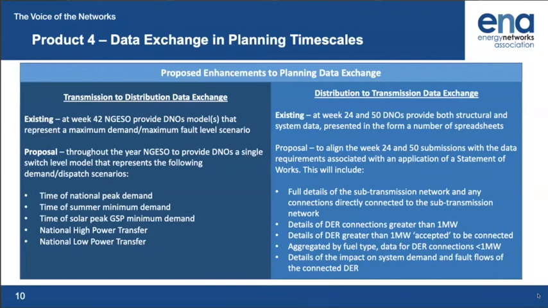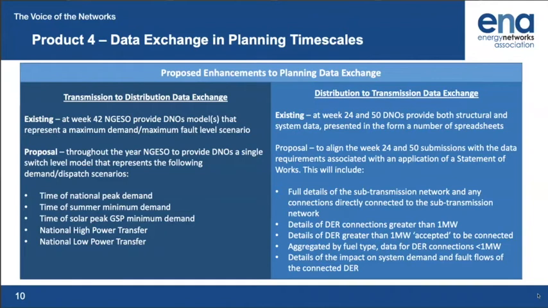On the distribution system, or distribution to transmission data exchange on the right-hand side, at the moment we provide data at both week 42 and week 50, and that's both structural and system data presented in the form of a number of spreadsheets.